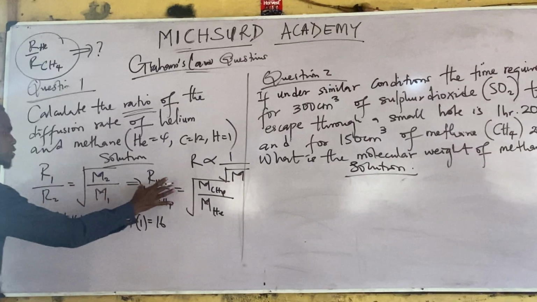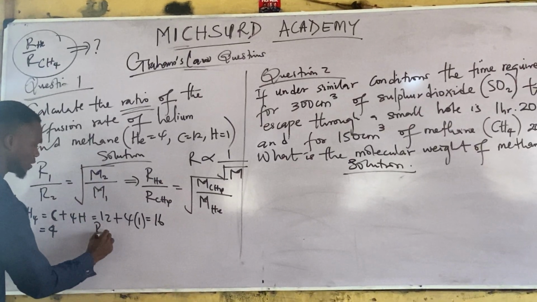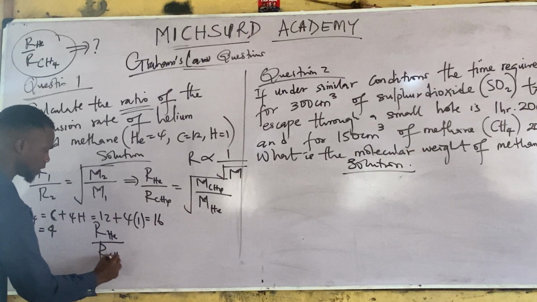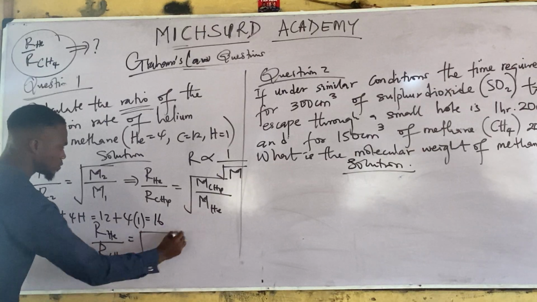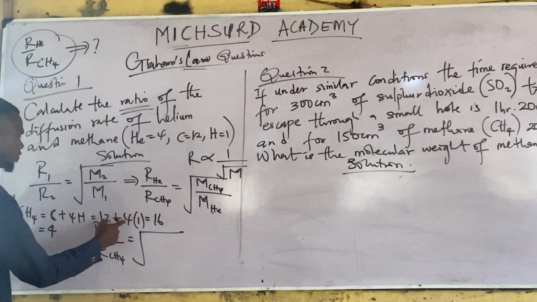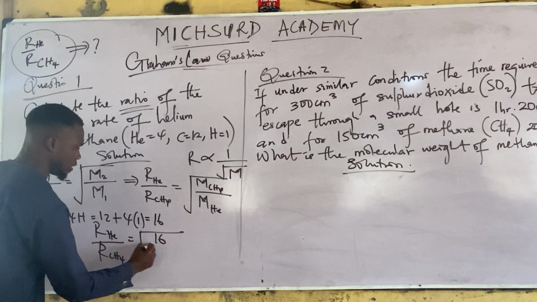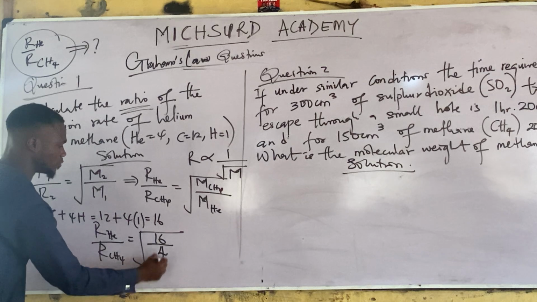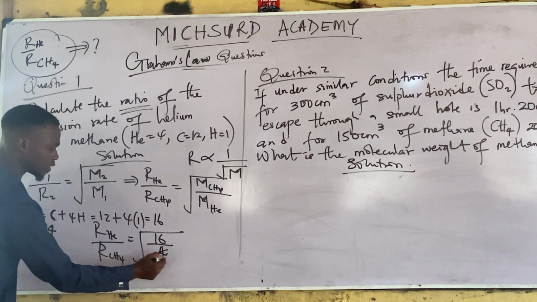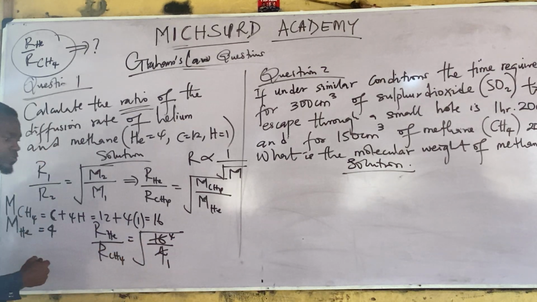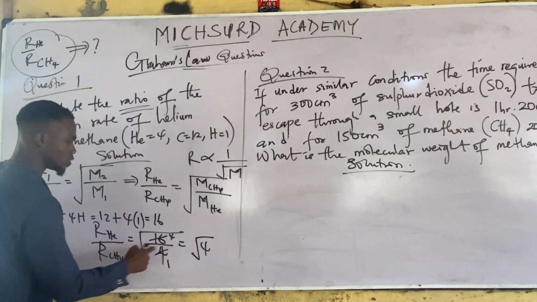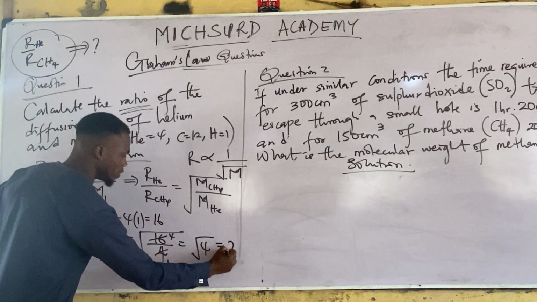Now, the ratio between helium and methane is the square root of the molecular mass of methane, 16, over the molecular mass of helium, 4. 16 over 4 is 4, so we have the square root of 4, which gives us 2.